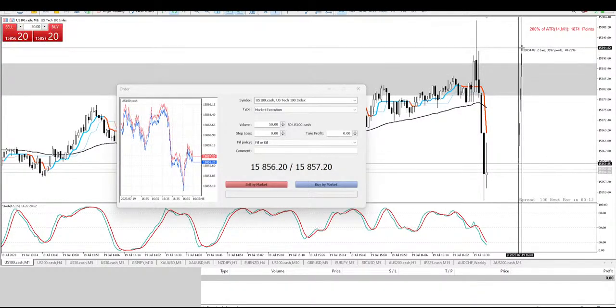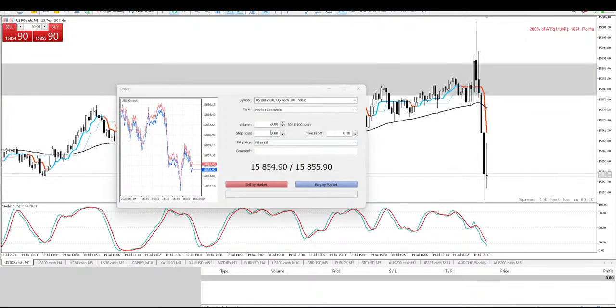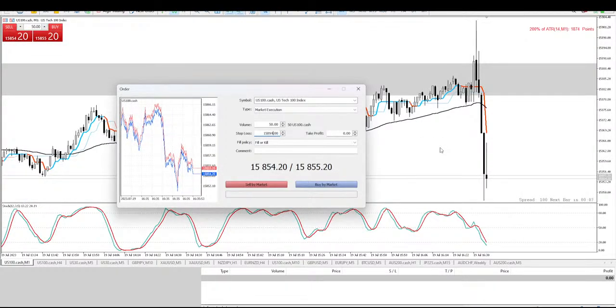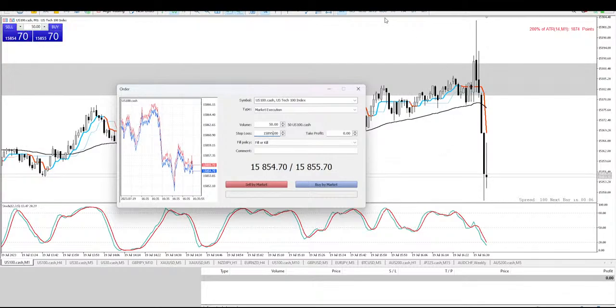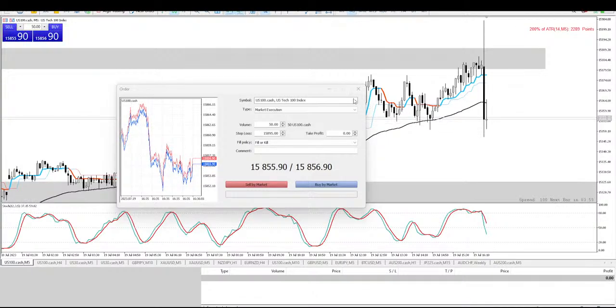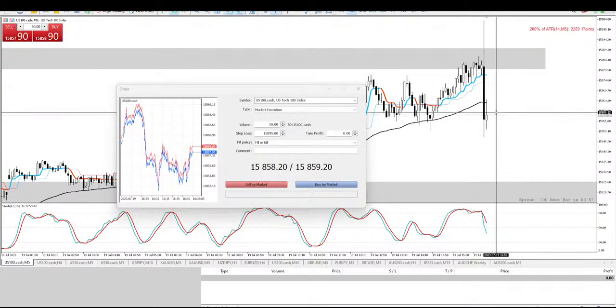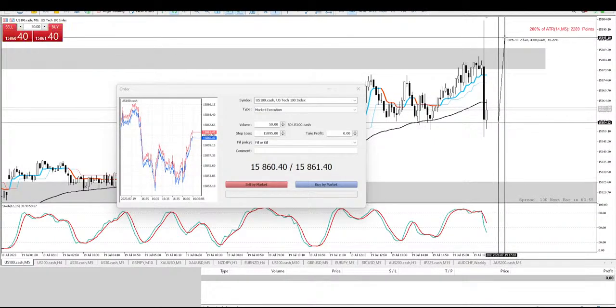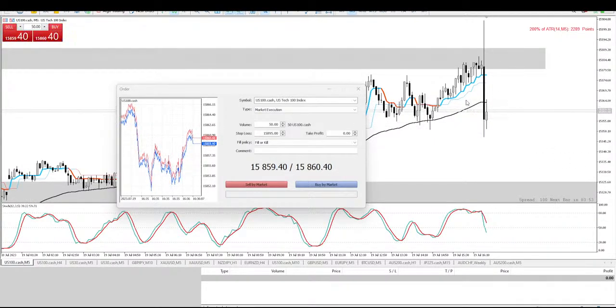SL would be 15,895. Okay, let's see how many points is that. Yeah, that's within my parameters.